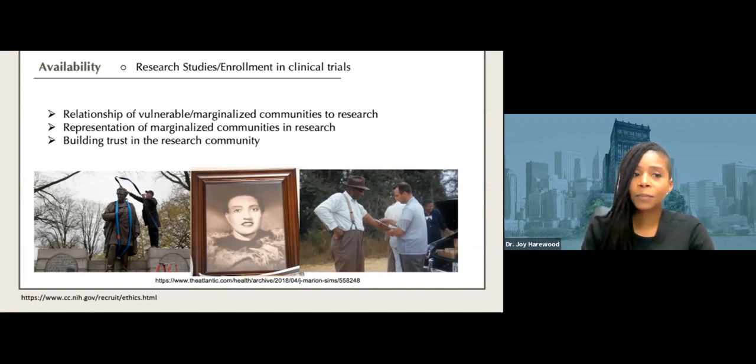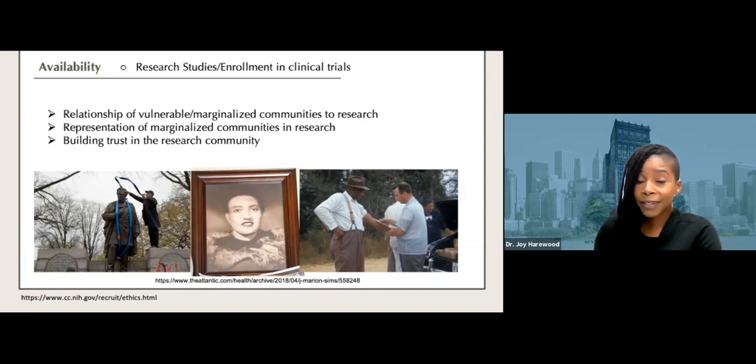So there needs to be a trust that is built back in terms of trusting their medical providers and that the medical system is going to do right by them. And I think we need to be cognizant of the fact that there's a real reason for people to be a little skeptical.